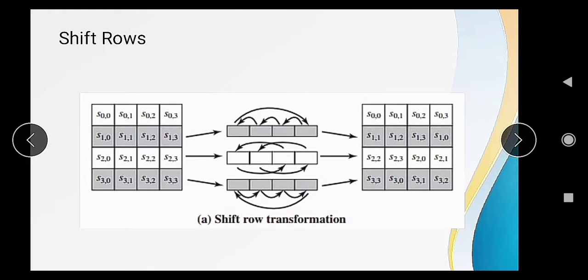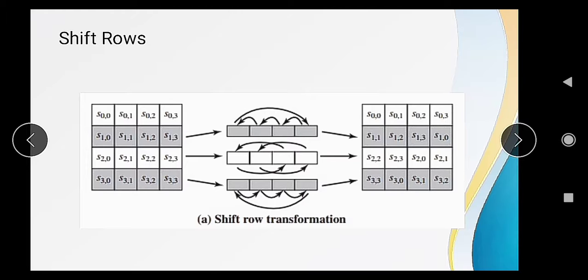Now in the second row we are shifting 2 bits, and the diagram easily represents all these things. After shifting 2 bits, the output will be S22, S23, S20 and S21.